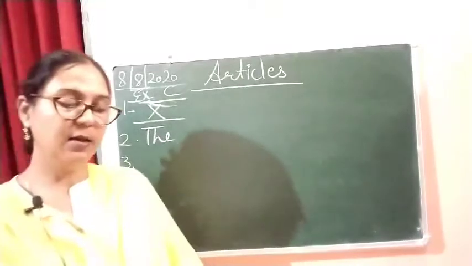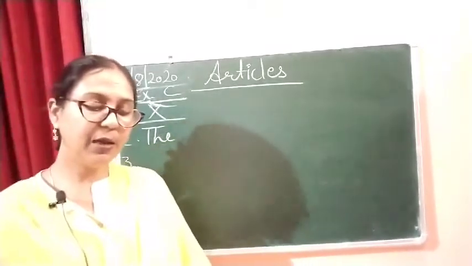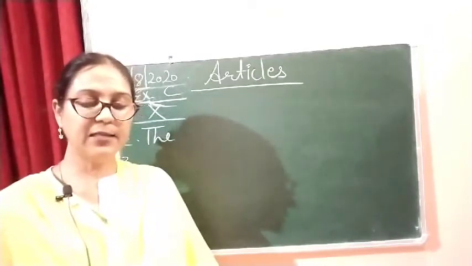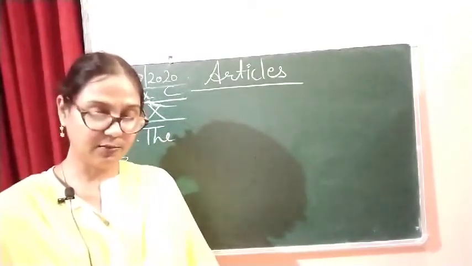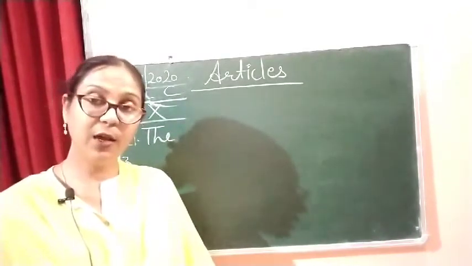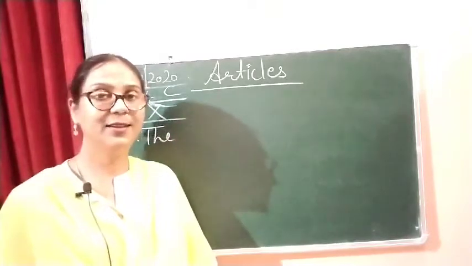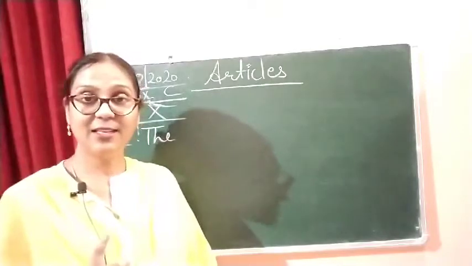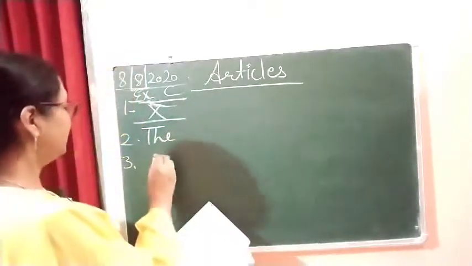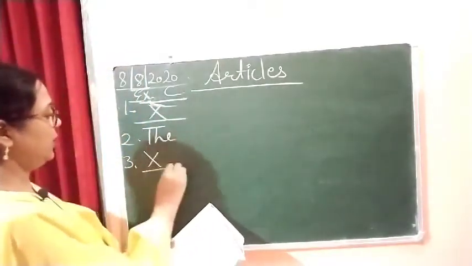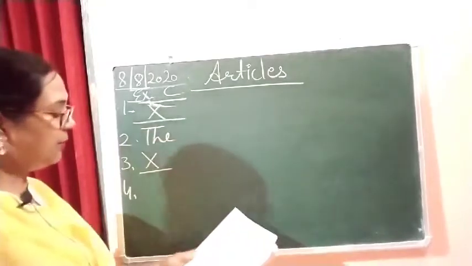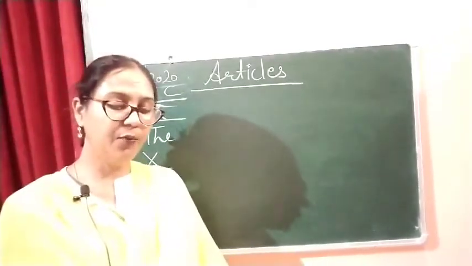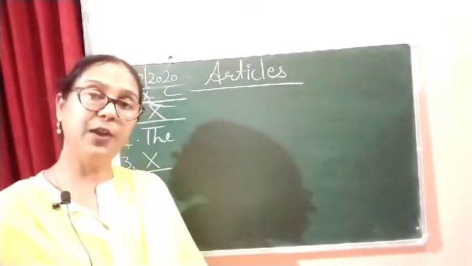In third, dash Valmiki's Ramayana has Lord Rama as its central character. What are we going to write over here? There is no use to write the, so we are going to put a cross. In number 4, dash blue car won dash race.